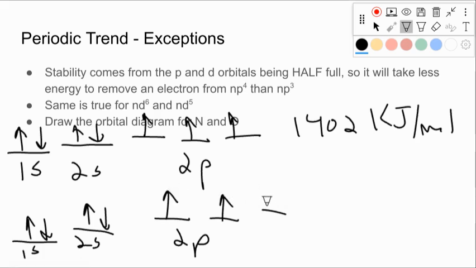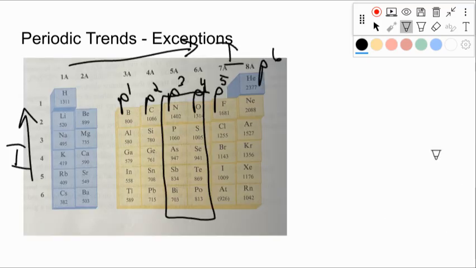So we're going to go 1, 2, 3, 4. And this fourth one annoys oxygen, and it sort of wants to get rid of it because these orbitals like just to have one in them. So they like to be half full or all the way full, and they have to deal with what they have. But because of that, it makes oxygen drop down to 1314 kilojoules per mole, which is slightly lower and does not follow that perfect trend. So it is not always that perfect increase up.